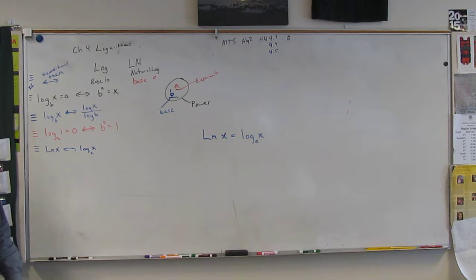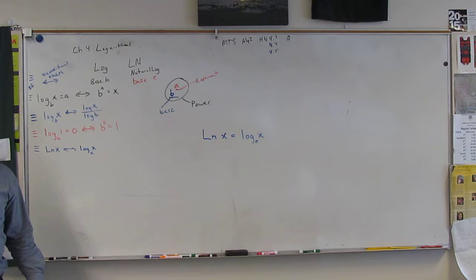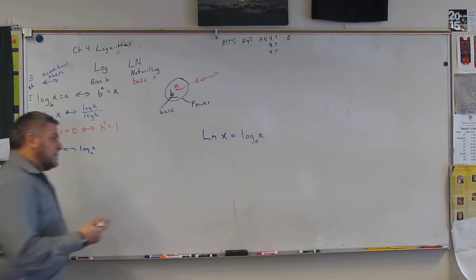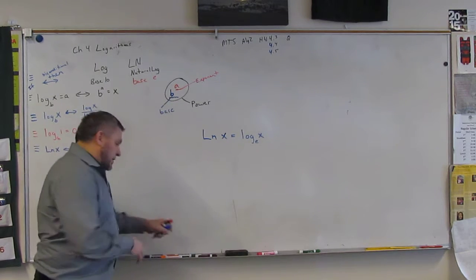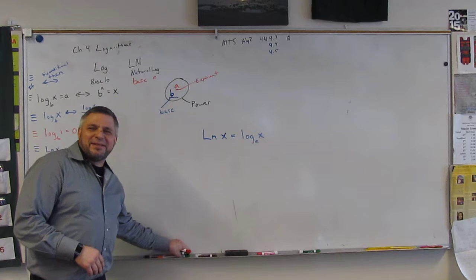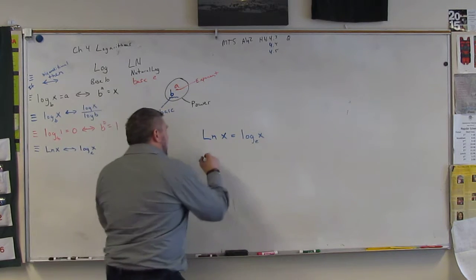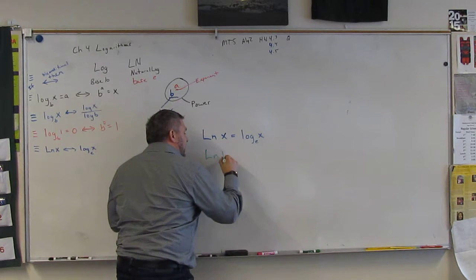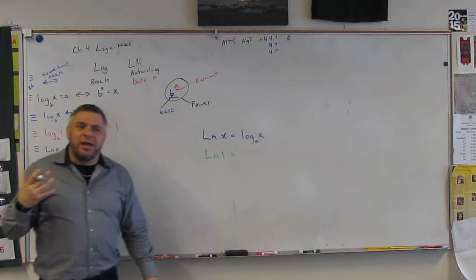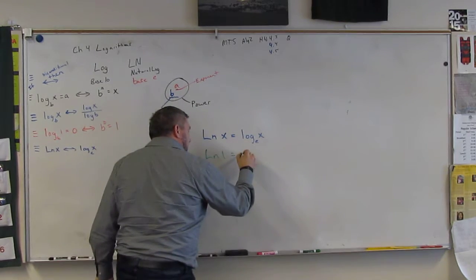What else do we know? Well, obviously, if we go ln of 1, what is ln of 1 going to be? Since you guys looked at me like, huh? We might want to write that down, right? ln of 1 is equal to what? 0.